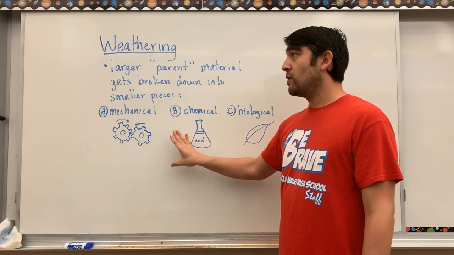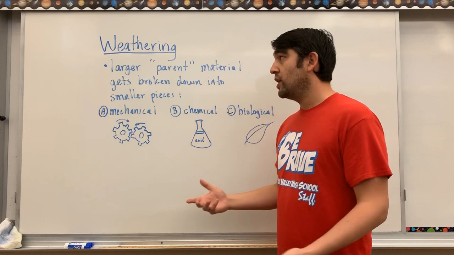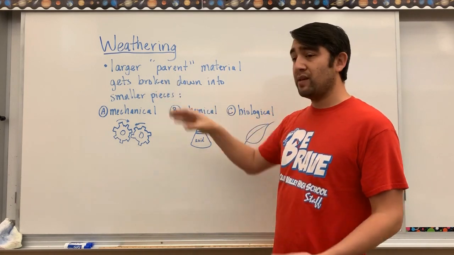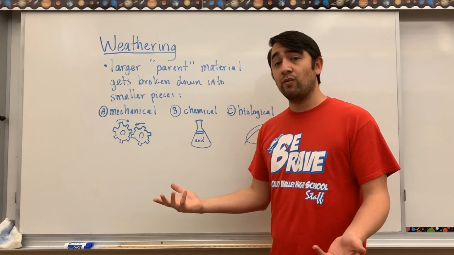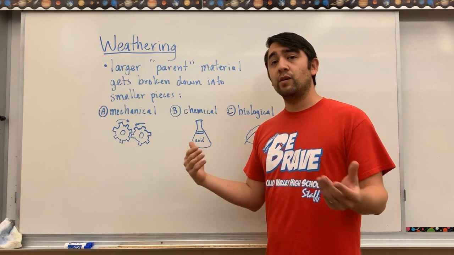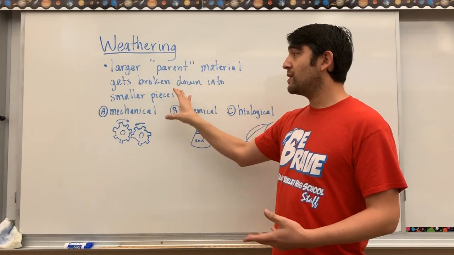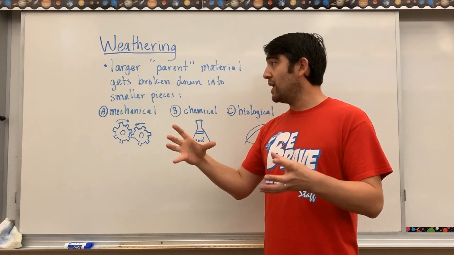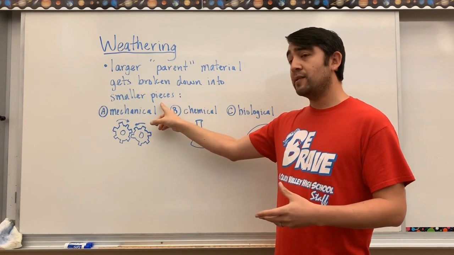But in any case, let's start with weathering, because before you can have erosion happen, you need weathering. Weathering is when the parent material, some kind of rock, of course, as we've learned, many kinds of different rocks, whether metamorphic, igneous, or sedimentary, is broken down into smaller pieces.